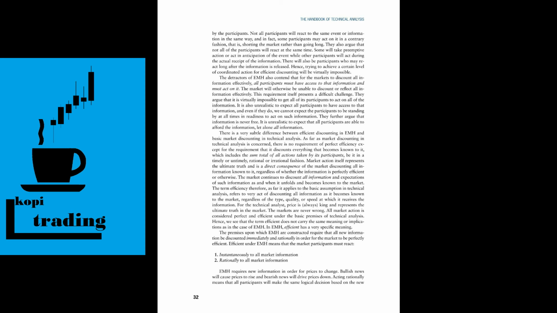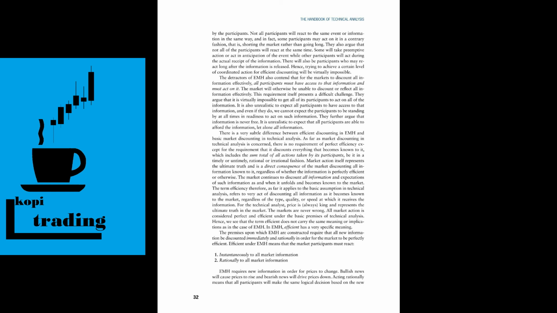It is also unrealistic to expect all participants to have access to that information, and even if they do, we cannot expect the participants to be standing by at all times in readiness to act on such information. They further argue that information is never free. It is unrealistic to expect that all participants are able to afford the information, let alone all information.